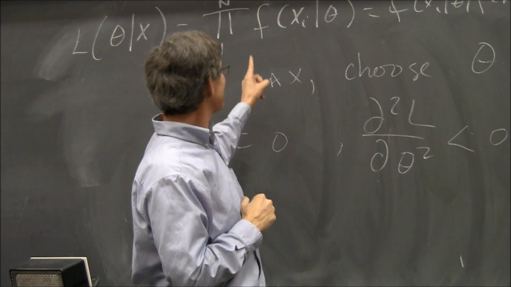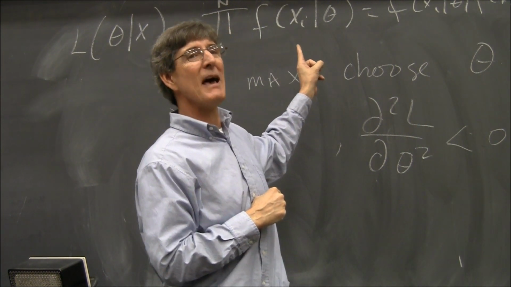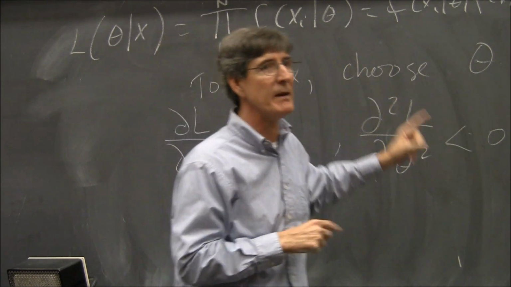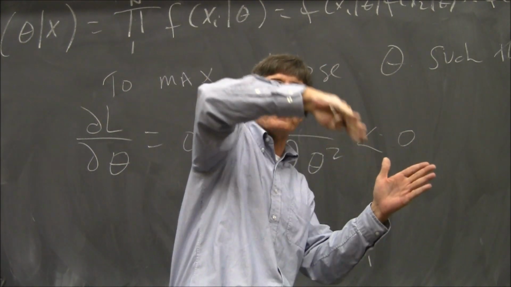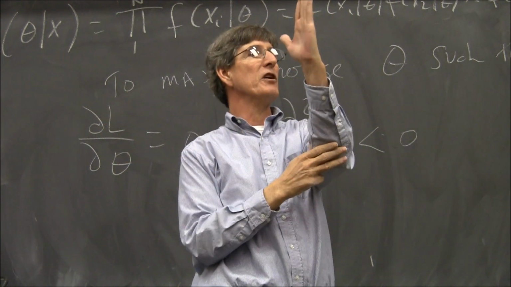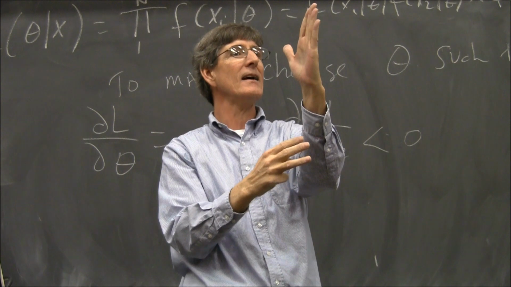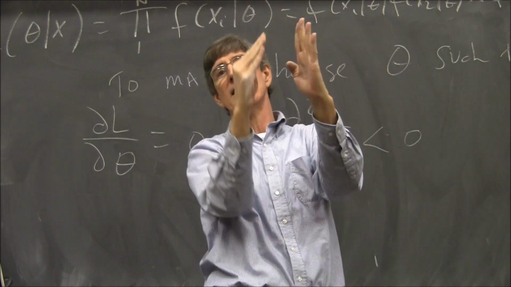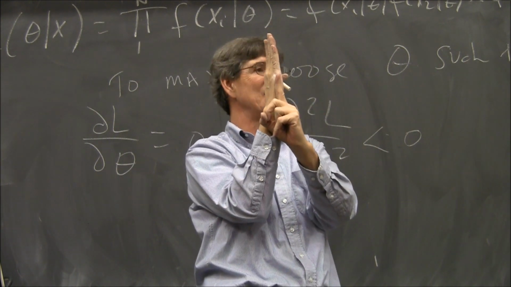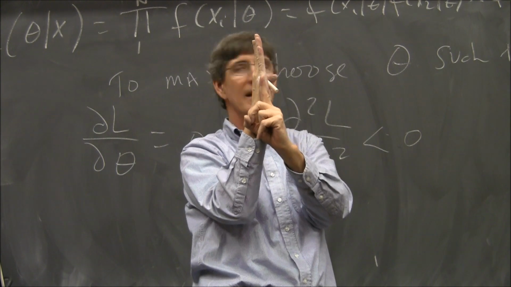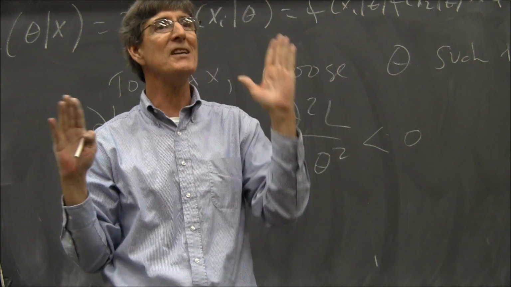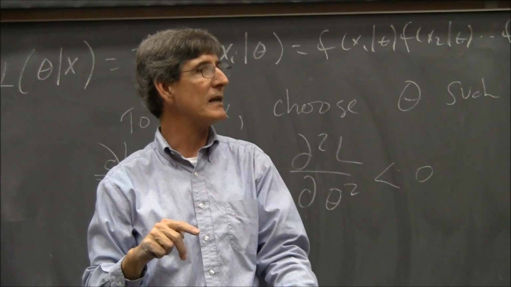So maximizing the log of this is the same as maximizing the function itself, and that makes it much easier because the log is a monotonic transformation. It doesn't ever double back down, it always goes up. So wherever your peak was, it still has to be the peak because you preserved order. The peak point doesn't change in a monotonic transformation. And so we can do these monotonic transformations at will to make our problem simpler without changing the value of the maximization that we calculate.